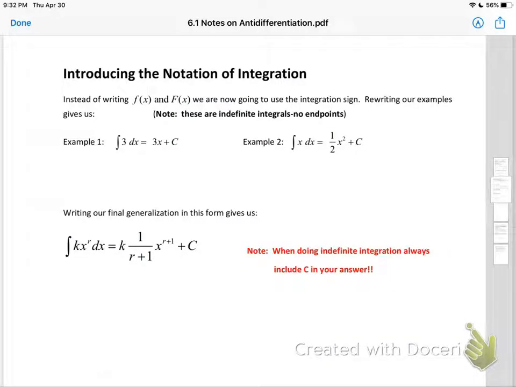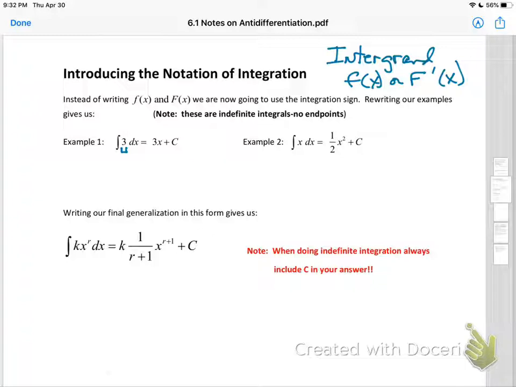Now I'm going to introduce the notation associated with integration. So this is our notation. The expression inside is called our integrand. Our integrand was the f of x, or if you want to think of it as the capital F prime of x.